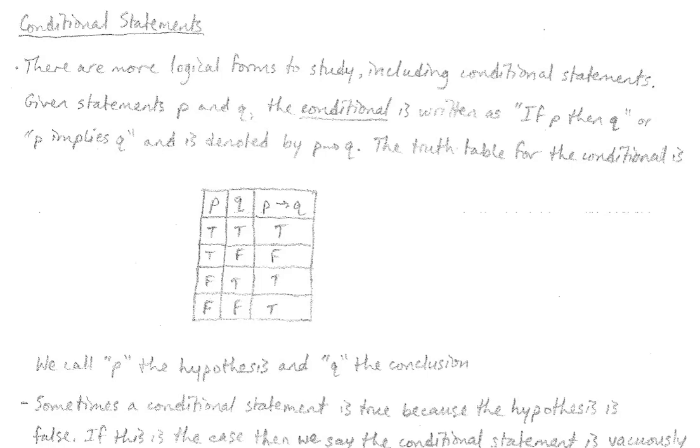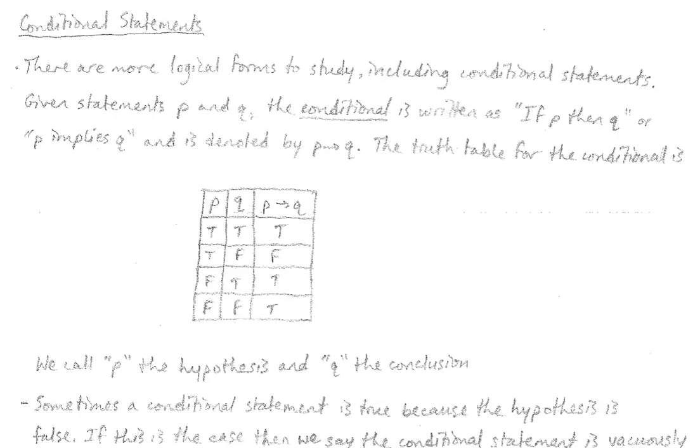In the previous video, we looked at some sample problems where we used truth tables to determine whether or not two logical forms were logical equivalents of each other or not. In this video, we're going to continue on with more logical operators.